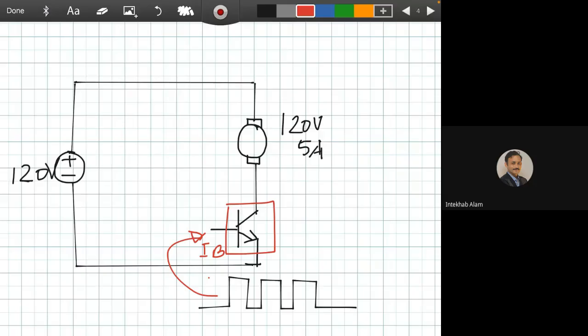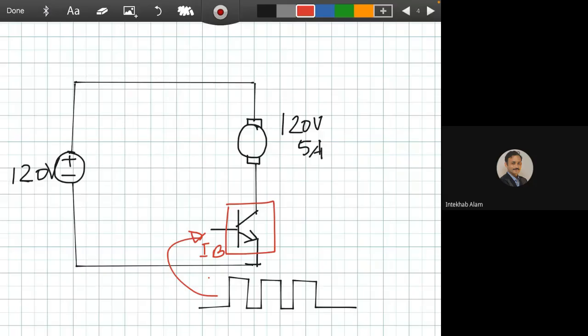When the switch is on, the voltage across the switch is 0. Do you understand? Yes, sir. Okay. So when the switch is off, what is the voltage across the switch?